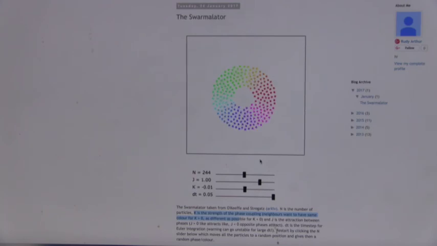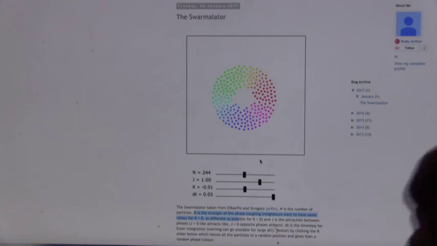Okay. So what is something you expect to see by playing around with the J, which is likes want to be together, and K, neighbors want to be either the same or different?